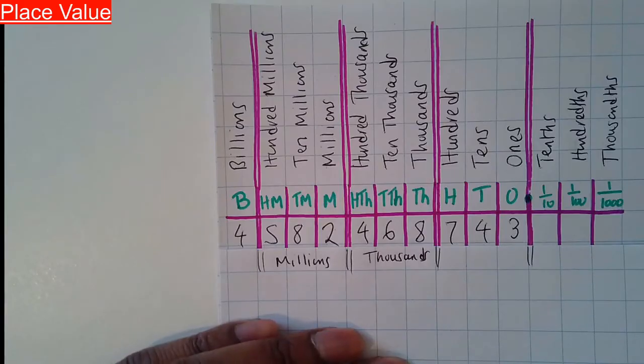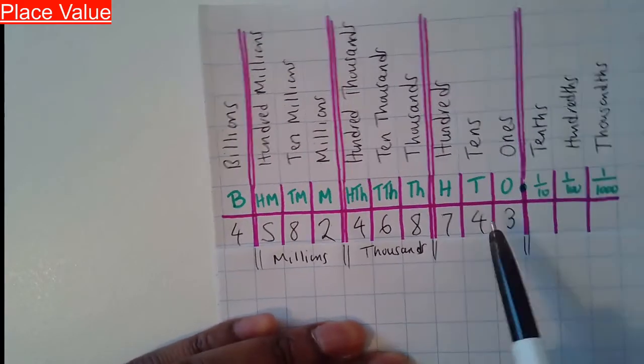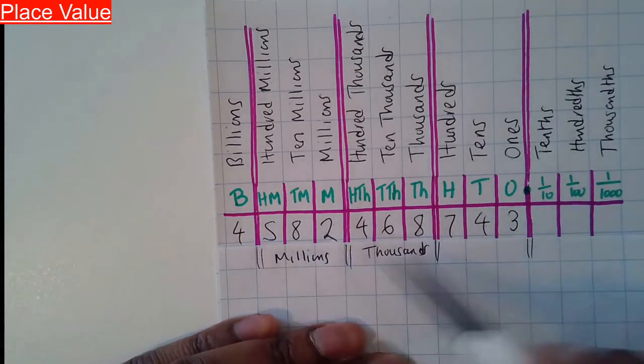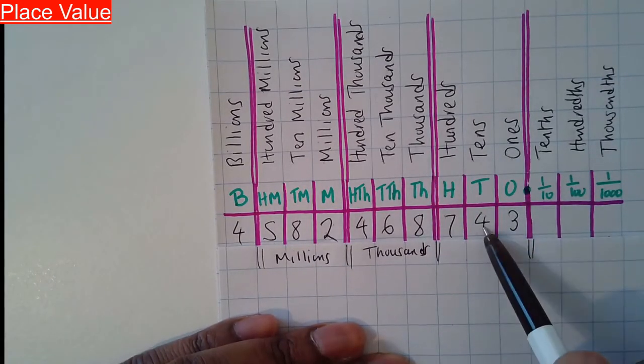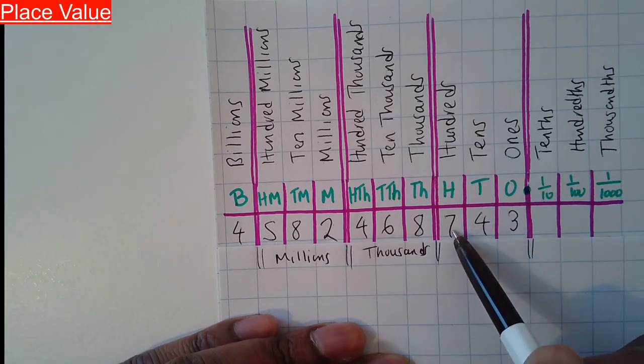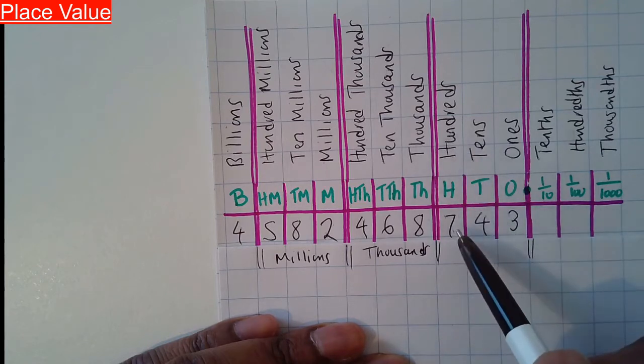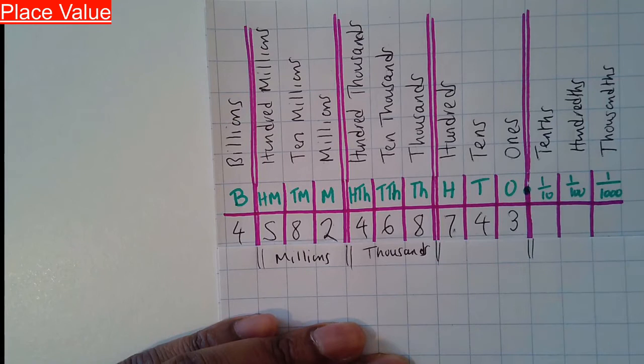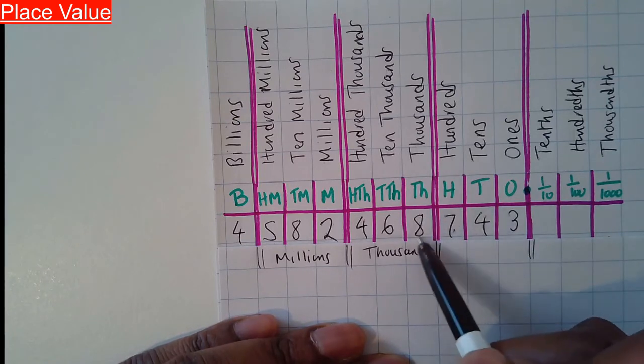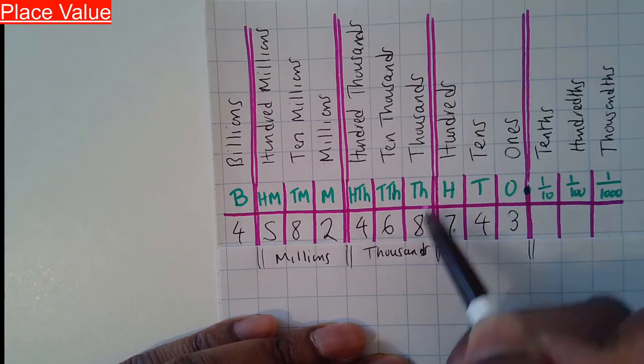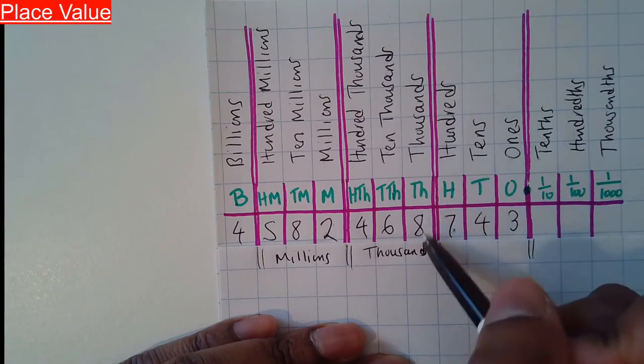Right, if anyone should ask you, for example, what does that 4 represent in this number? Well, that 4, that's 4 tens, that's 40. What does that 7 represent? 7 hundreds, 700. That 8, 8 thousands, that represents 8,000.